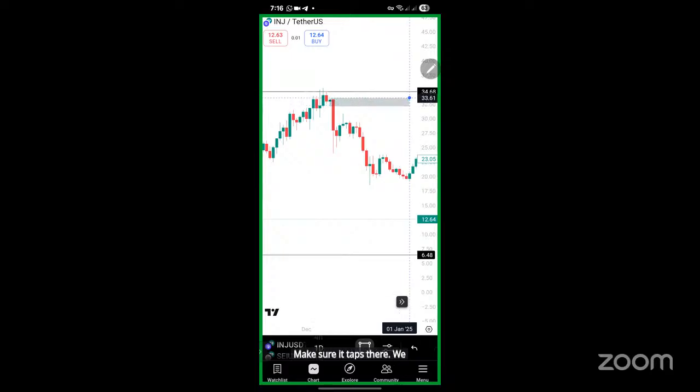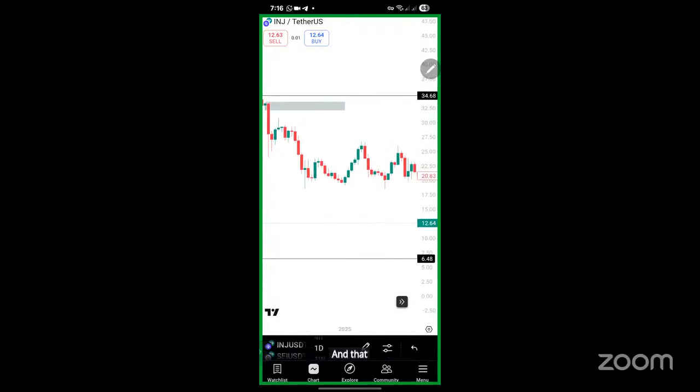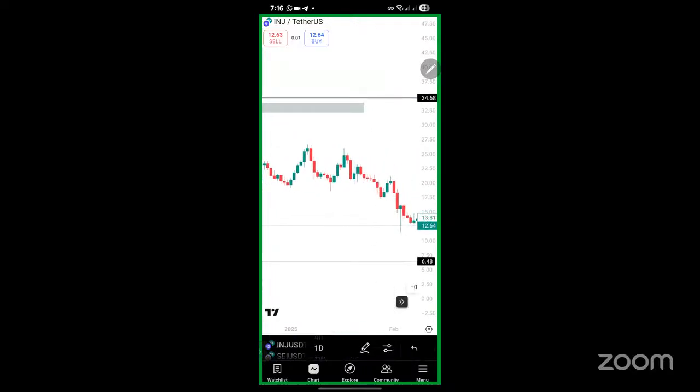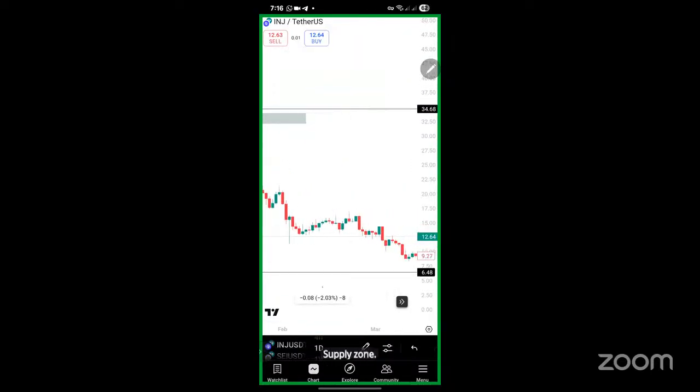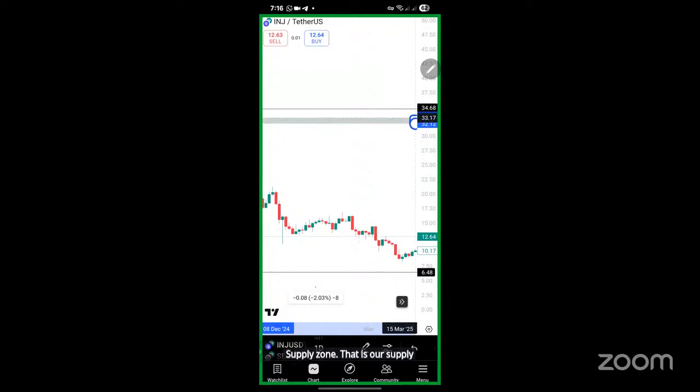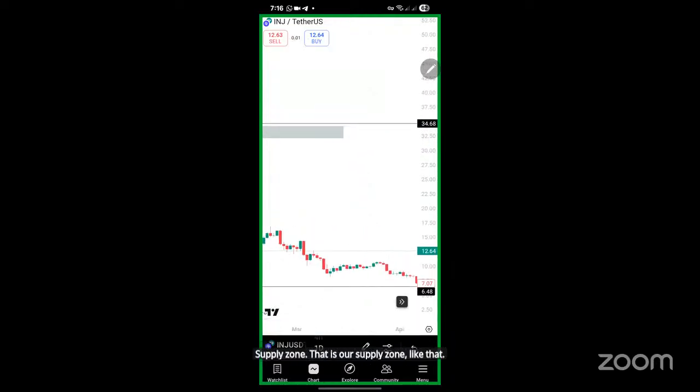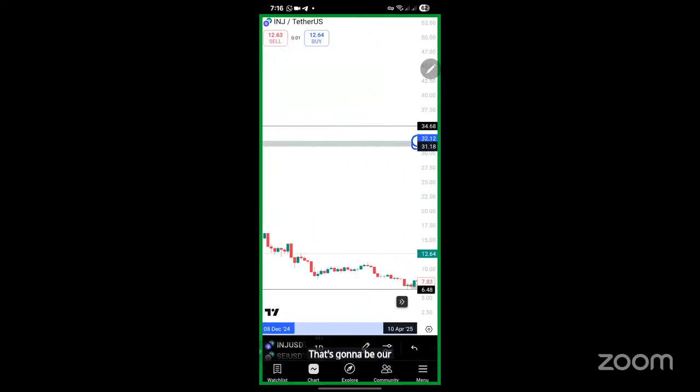We are enclosing that small candle there. And that is our supply zone.